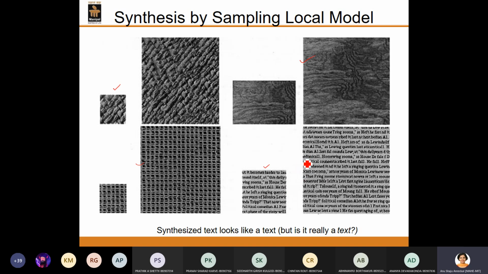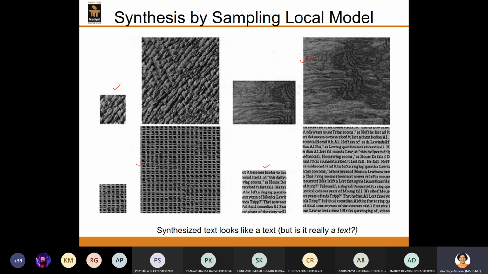If you just look at it, without trying to read it out, we feel like it has done a good job of synthesizing another text image. But if you look closer, these are not really words over here. It does not make any sense.